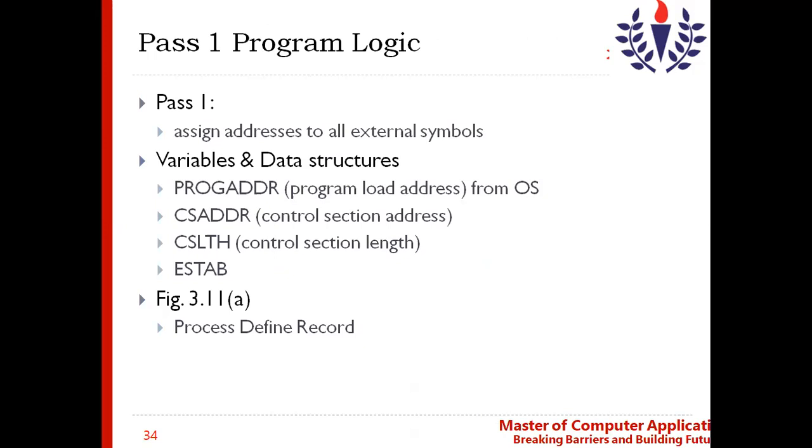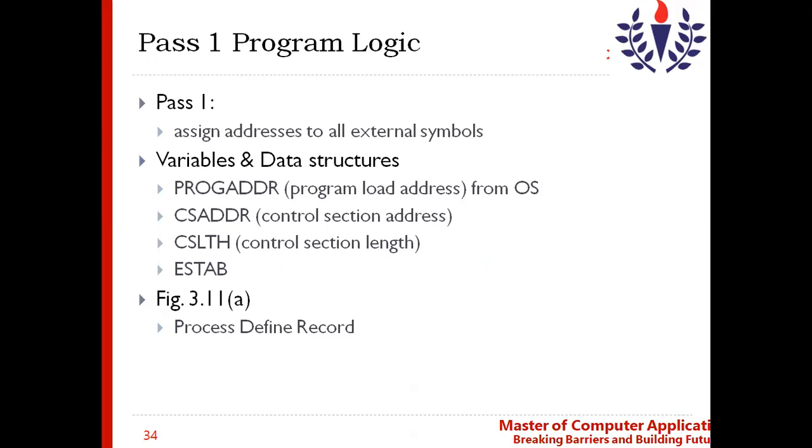There is a variable used to represent the starting address of the control section, the control section address, CSADDR. Similarly, each control section has a different length, the program length, which is denoted by CSLTH. So these are the variables and data structures we have in pass 1.